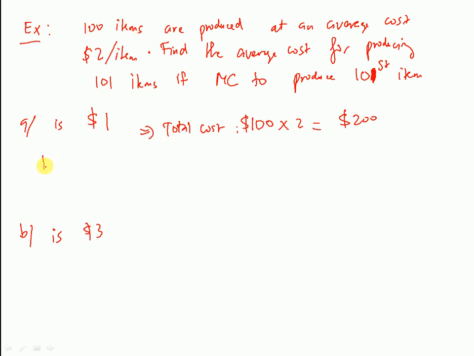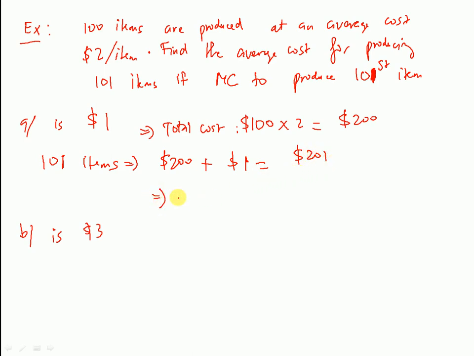Now, if we have one more item, we take $200 for 100 items plus the extra 101st item, which is $1 for the marginal cost, and that gives us $201 for the total cost.